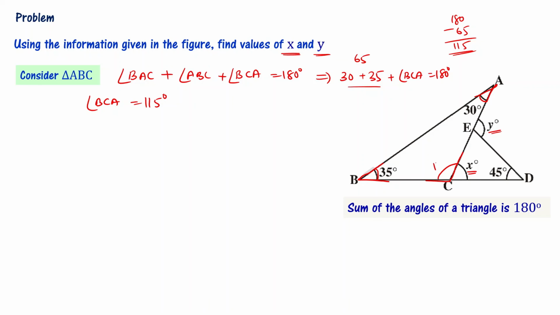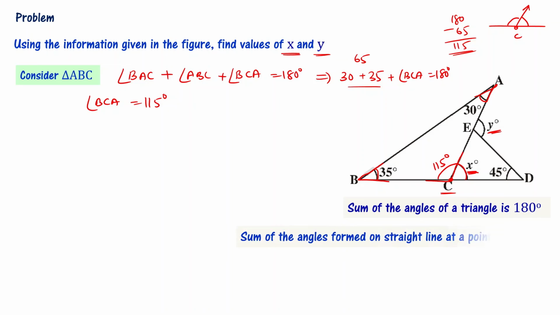Let me note that here also. Right? Now, but we are asked to find angle X and angle Y. If you look, this 115 degrees and angle X are on a straight line at point C, right? Let's say C here, and there is a ray here, and you have these two angles, right? We know that the sum of the angles formed on a straight line is 180 degrees.